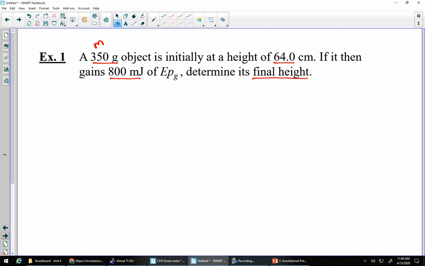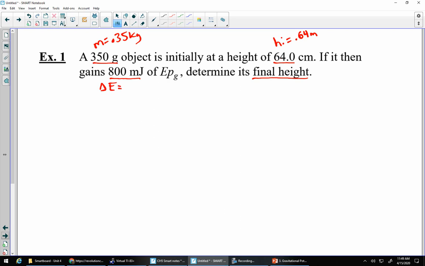First one is a mass, and I want that in kilograms, not grams, so 0.35 kilograms. The second one is our initial height, HI, and in centimeters, 64, but 0.64 meters is what we're really looking for. It gains this much gravitational potential energy, so that's my change in gravitational potential energy.